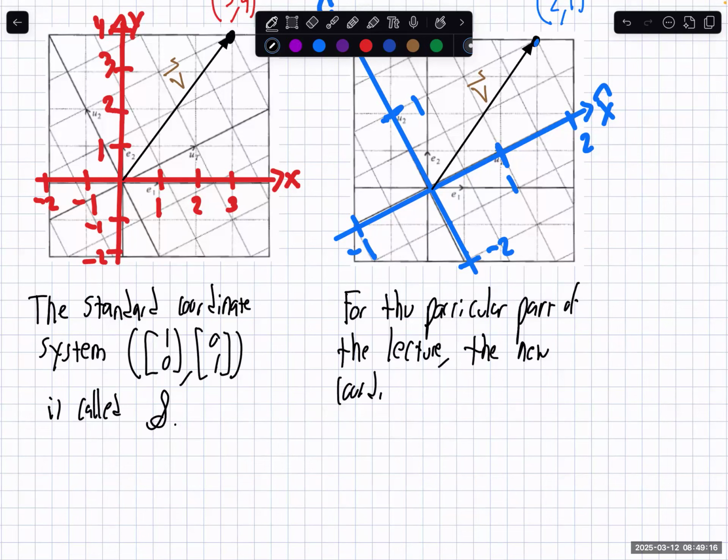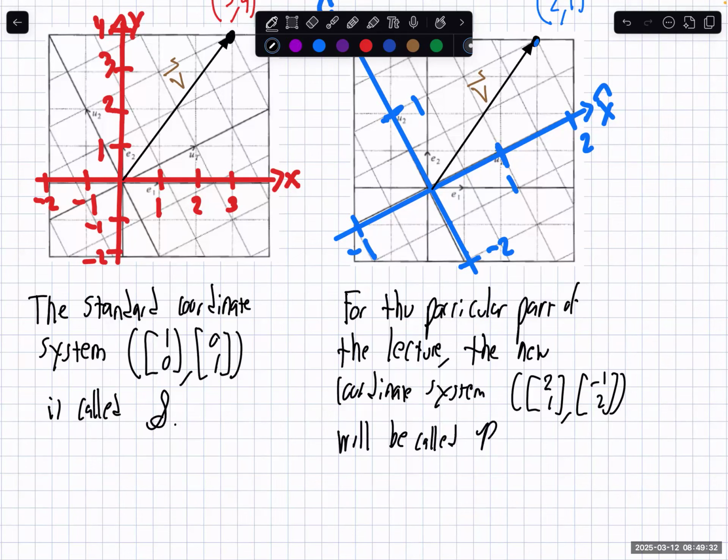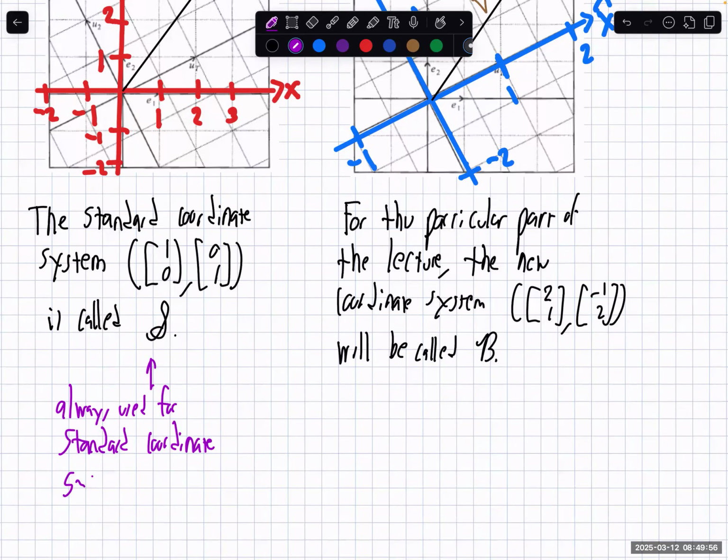The new coordinate system is called B. So S always stands for the standard coordinate system, and B will stand for different coordinate systems.